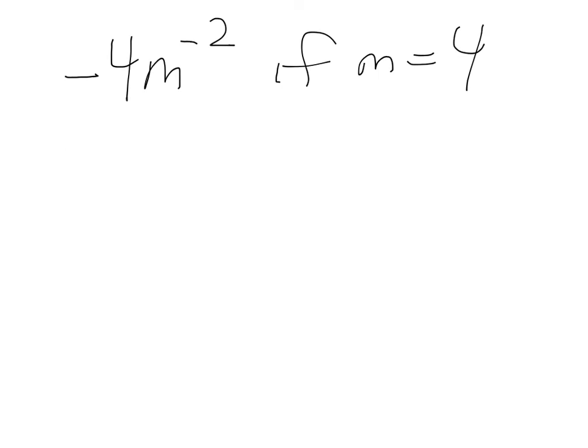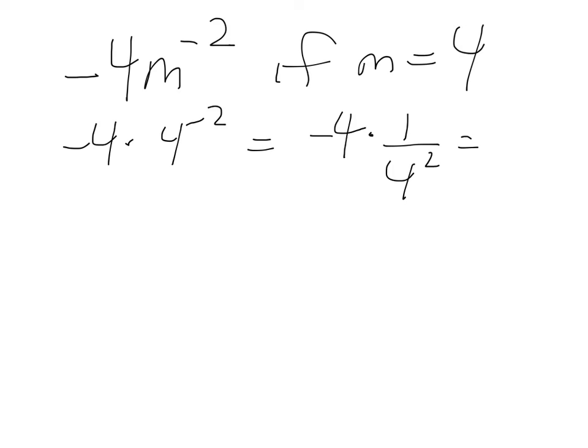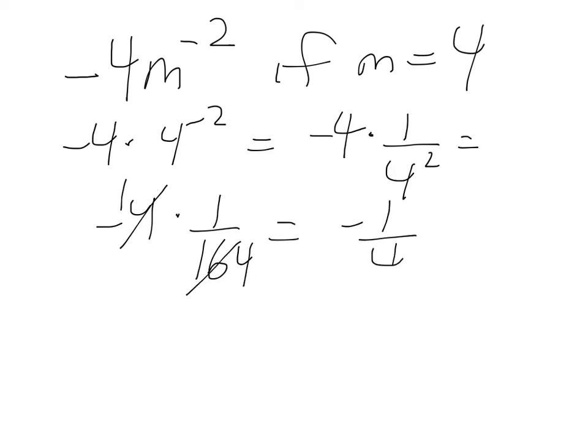That's negative 4 times 4 to the negative second, which becomes negative 4 times 1 over 4 squared, which becomes negative 4 times 1/16. That cancels there, so what I get is negative 1/4.